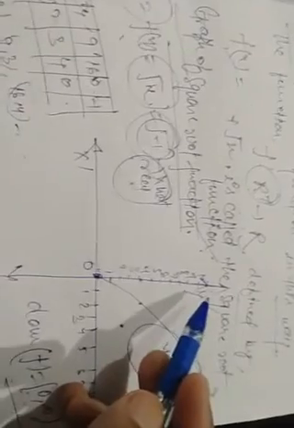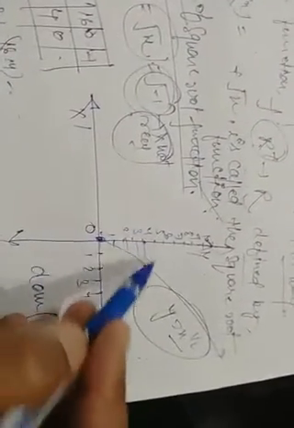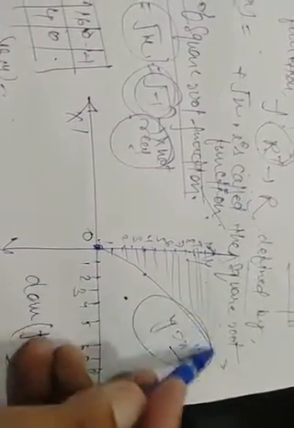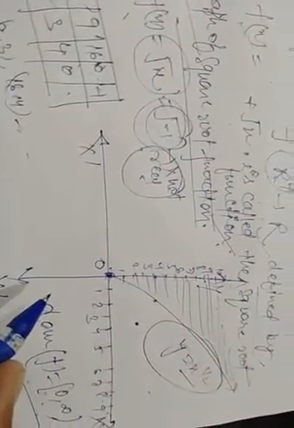So the domain of that function is 0 to infinity, and the set of all points along the y-axis is the range of that function. The collection of all points along the y-axis is 0 and above in the positive direction of y. So the range of that function is 0 to infinity. Range and domain are the same for that function.